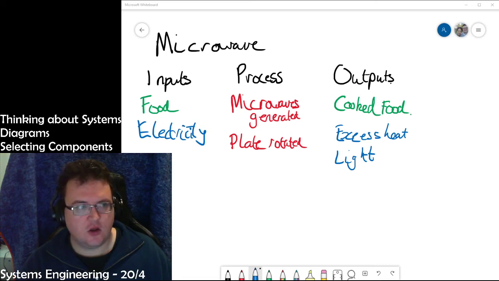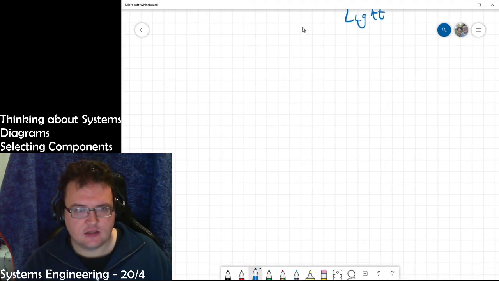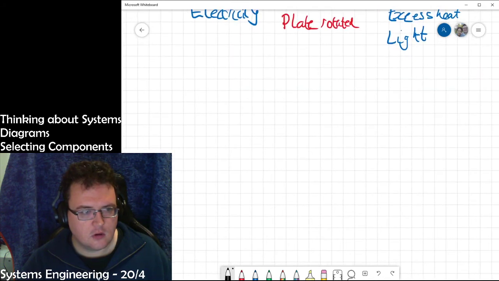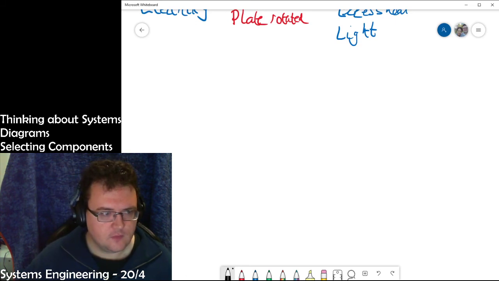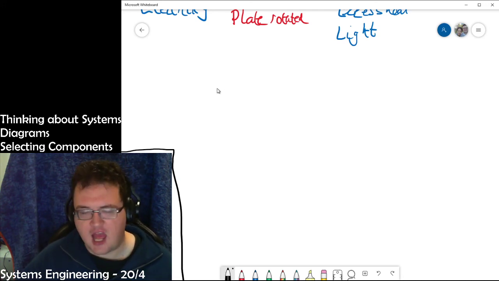So if we look at a different type of thing, if we think about our houses, we have air conditioning, we have heating in those.